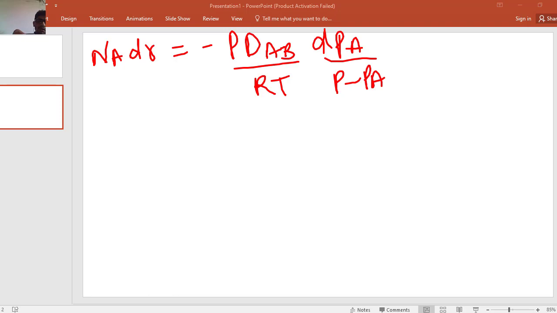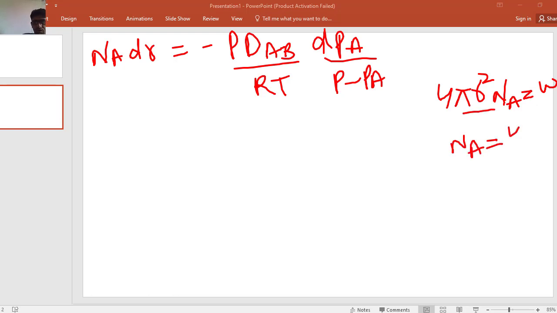We also know from the previous case that the flux 4 pi r square into NA is constant, which is W. So NA is equal to W divided by 4 pi r square.